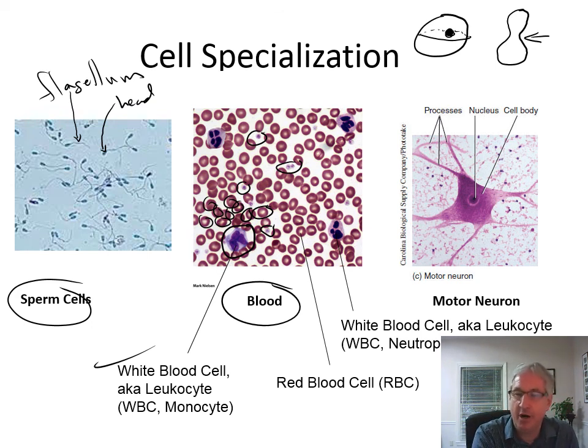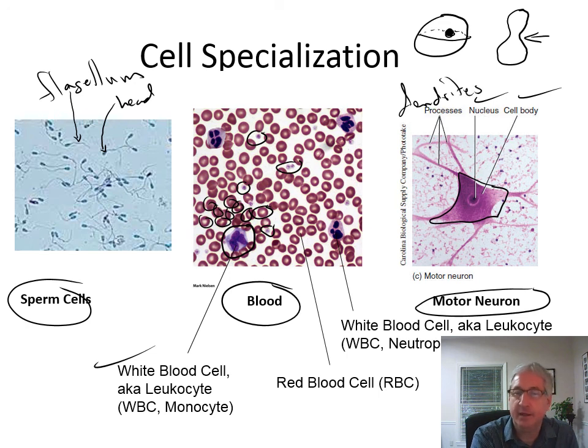Okay, motor neuron. This is a nerve cell. There's the nucleus. The cell body is the whole thing here. And they have processes. These are called dendrites. And one of those processes is going to be called an axon.